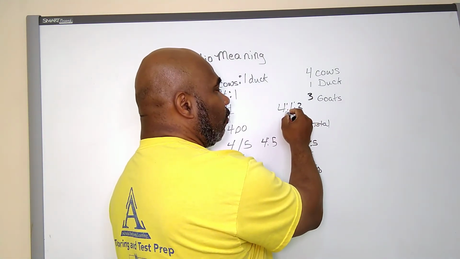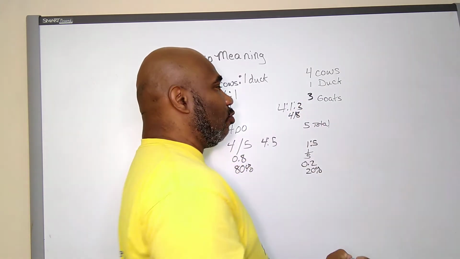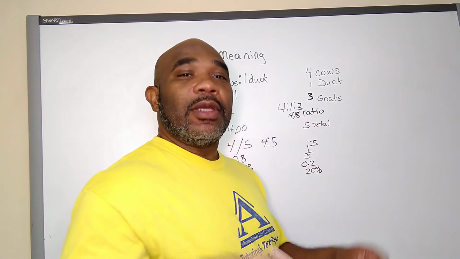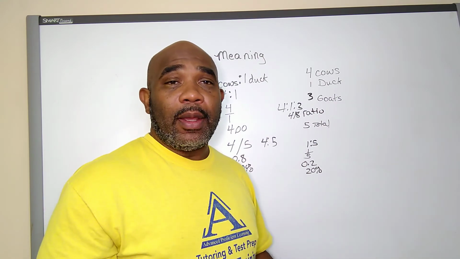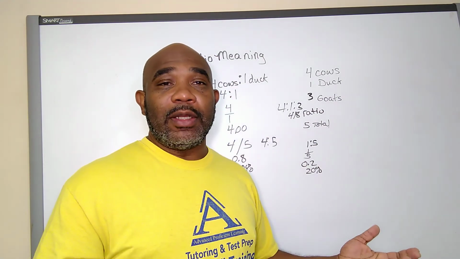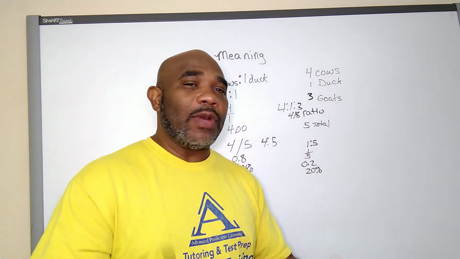We have a total of 4 plus 1 plus 3, which is 8. So now we're talking about a 4-to-8 ratio. And we would actually simplify that, all right? But I just want to show you, you can also do this for more than 2 things that you're dealing with. And again, you've been dealing with this your entire life so far.